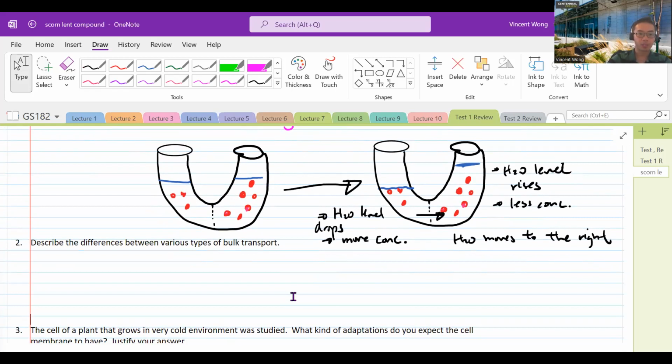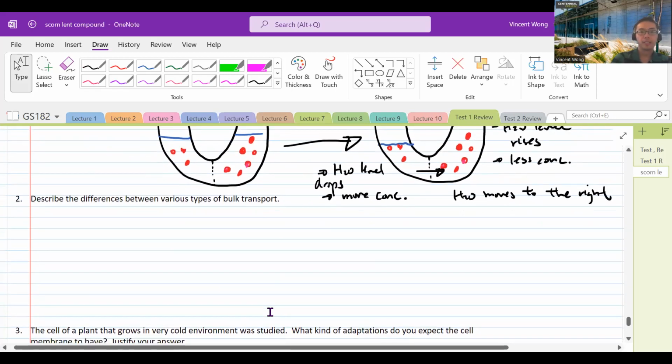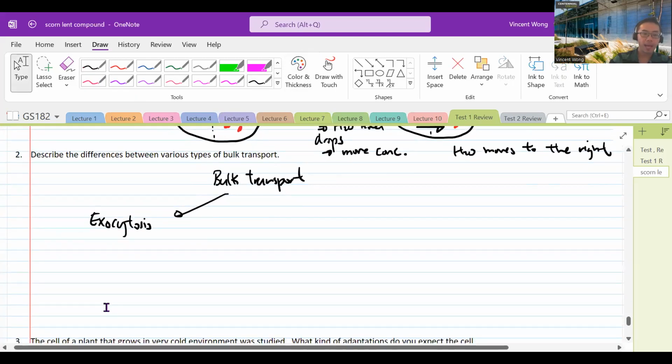Okay, bulk transport, different types of bulk transport. Bulk transport means to move large quantities across the cell membrane, and we can move them in or out. So this is exocytosis. Remember that freshly packaged vesicle from the Golgi?